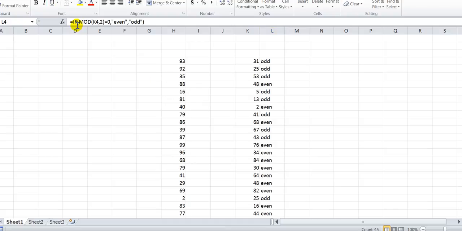You take the MOD of this number, comma 2, which means look for the remainder of that number when you divide by 2, and if it equals 0, then it's even, otherwise it's odd. So you can easily generate even and odd here.